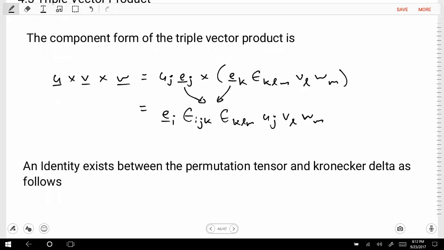And so when we do multiple cross products, we've got to figure out how we collapse and what indices we would indicate for our new permutation tensor.